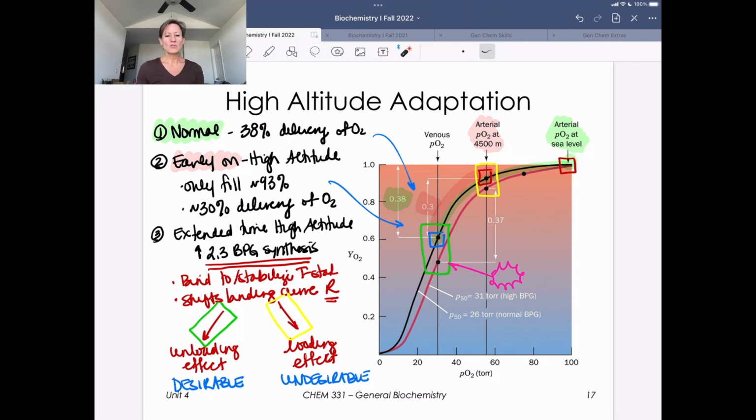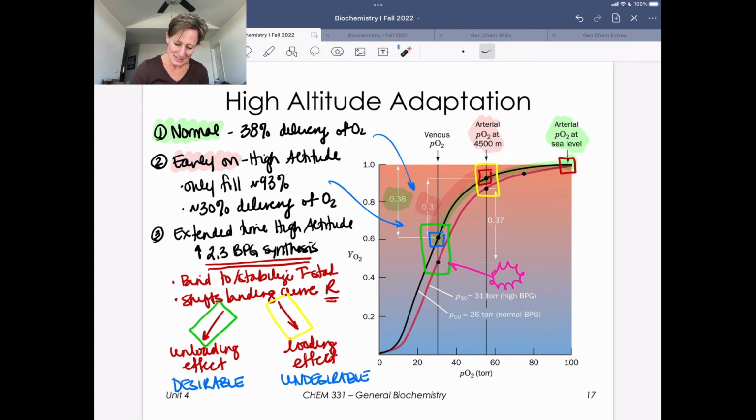And so even though that loading effect is undesirable, the benefit from the unloading is better than, or compensates for, this cost that we have on our loading effect.